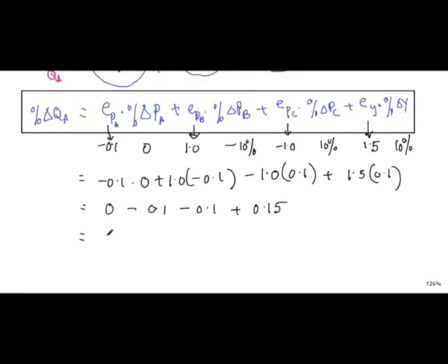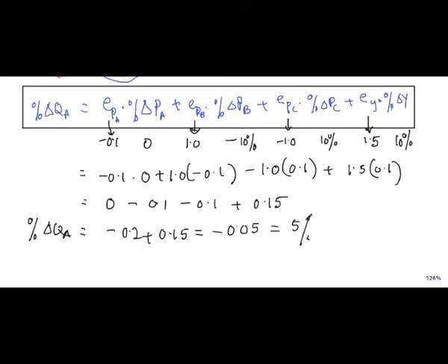So this is minus 0.2 plus 0.15, equivalent of minus 0.05. So we now realize how much my demand is going to change. Percentage change in my demand will be 5% reduction.